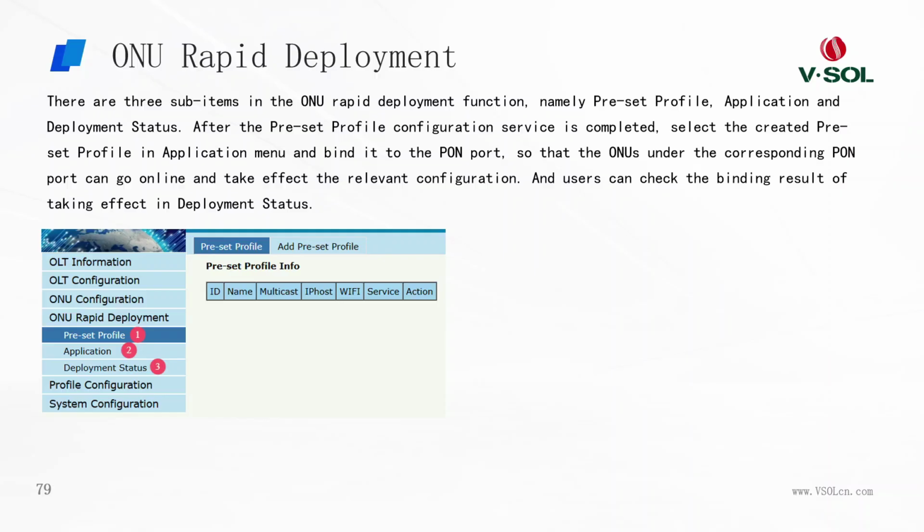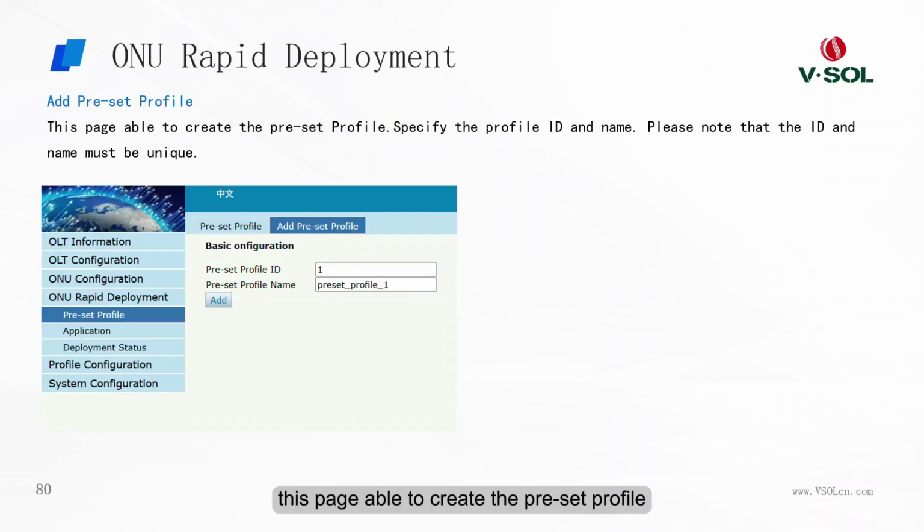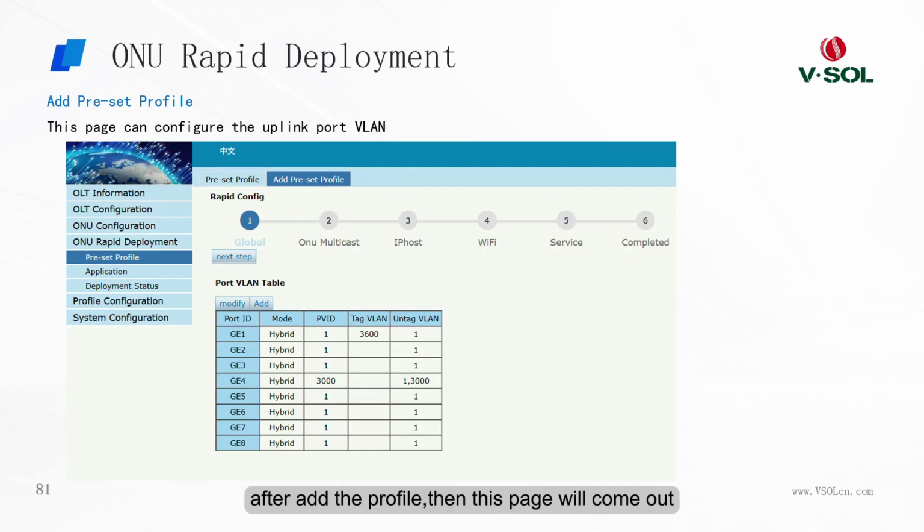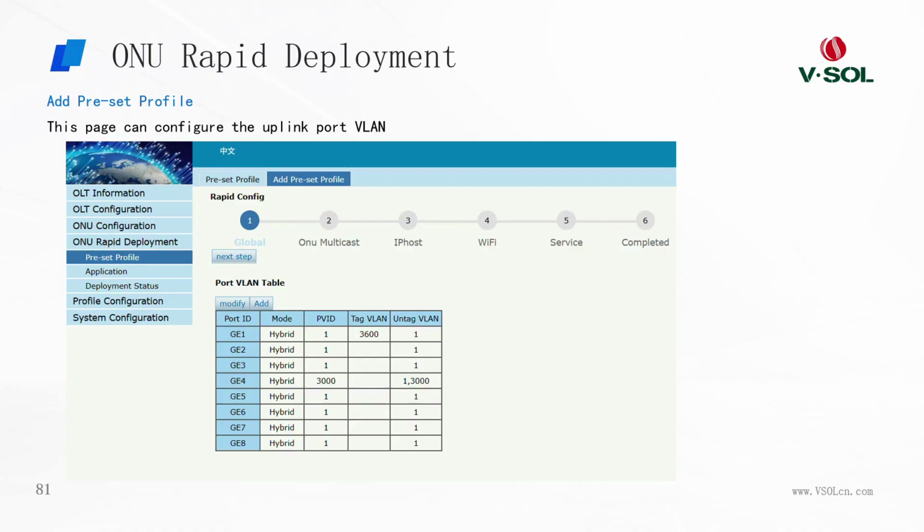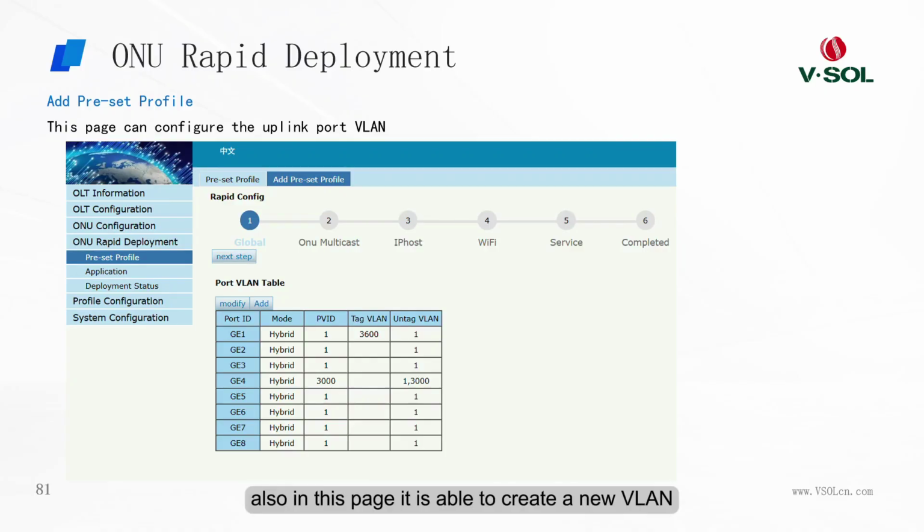This page is able to create the preset profile, and all necessary configuration for the OLT can be configured in this profile. After adding the profile, this page will come out. You need to configure the uplink port VLAN. Also in this page, it is able to create a new VLAN.